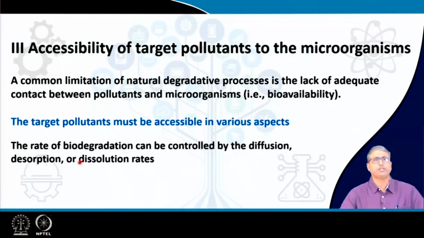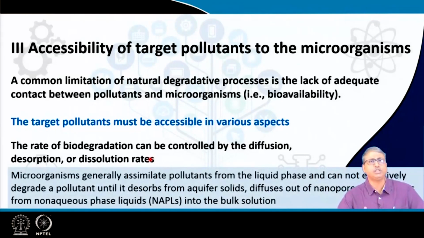Therefore, the rate of biodegradation can be controlled by the diffusion, desorption or dissolution rates, which are applicable for the contaminant organic molecule present along with the soil particles or the rocks or the micropores or the nanopores inside the rock or crust or within the aquifer sediments. So, how quickly and to what extent these hydrocarbon molecules are diffused out, so that the microbes are able to interact with them, or they are dissolved out.